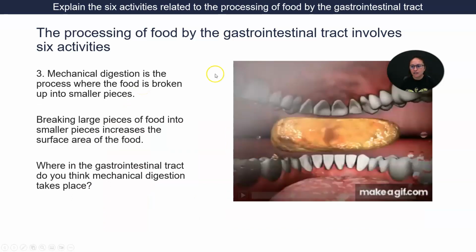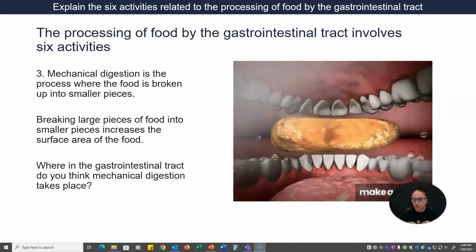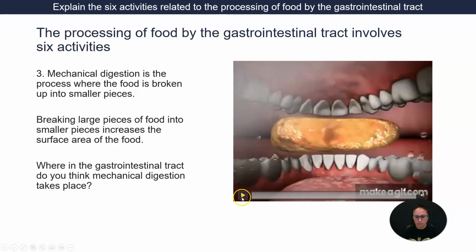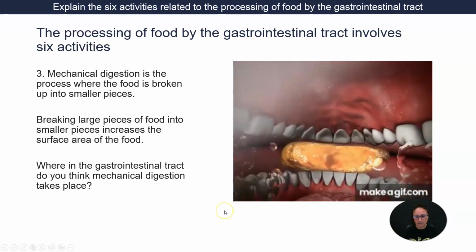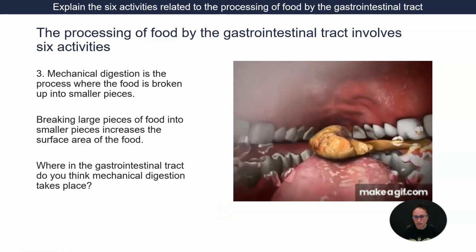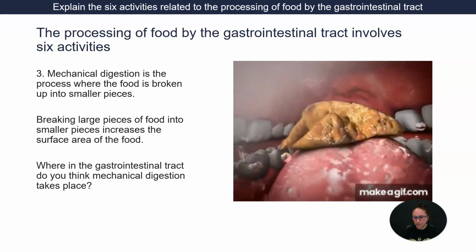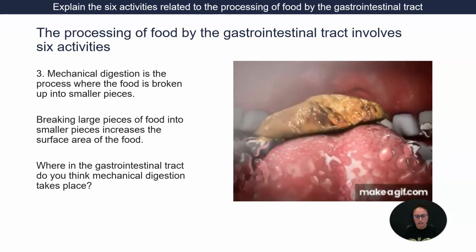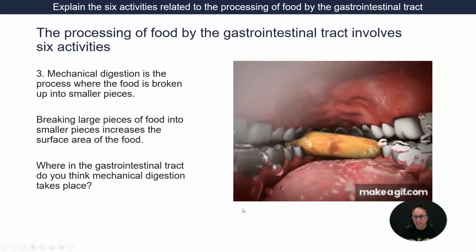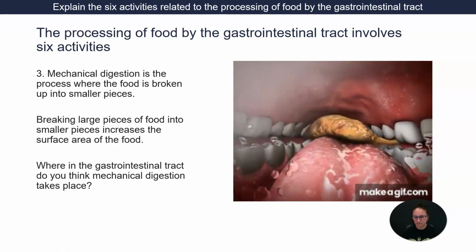Now, this here is another activity that we need to do in order to process food, and this is called mechanical digestion. So here we go. Here is a nice view of inside of your mouth, and this is me chewing a chip. It's not really, but here is me chewing a chip. What I'm doing is breaking down that chip into smaller pieces.